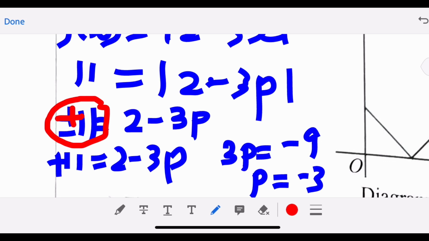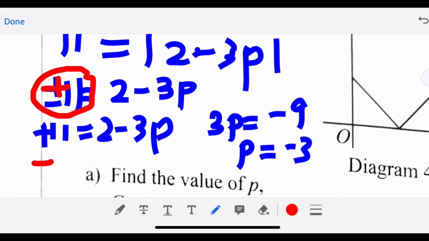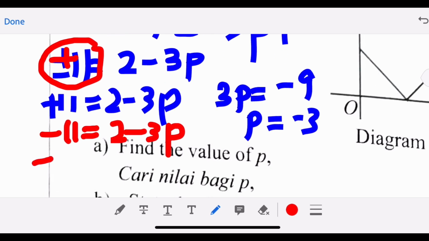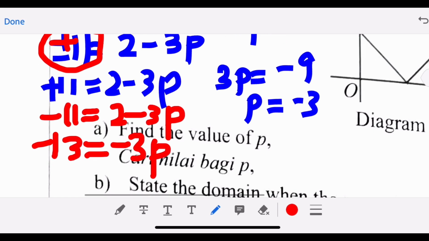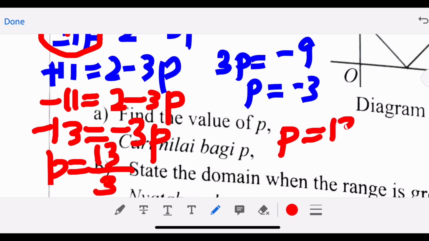Then how about if the 11 is negative? So we have to solve again. Negative 11 equals 2 minus 3p. So negative 13 equals negative 3p. And then p is 13 over 3, right?